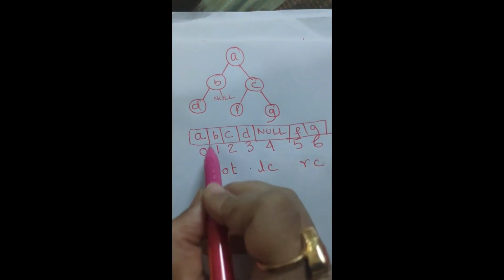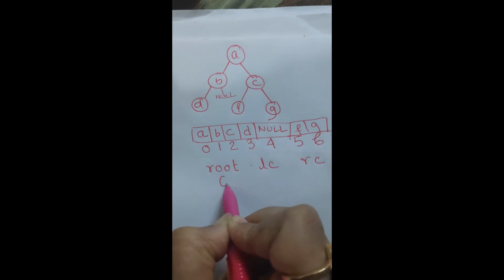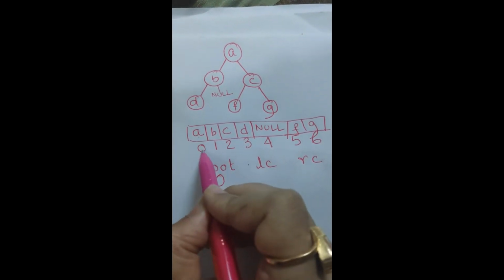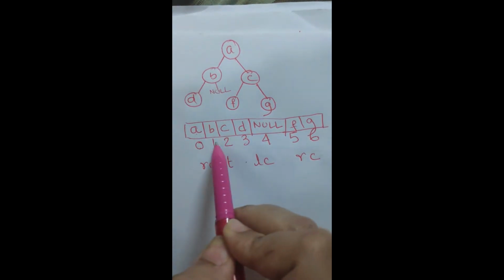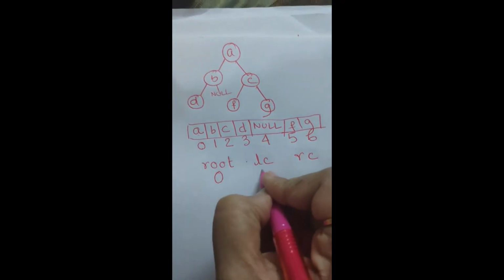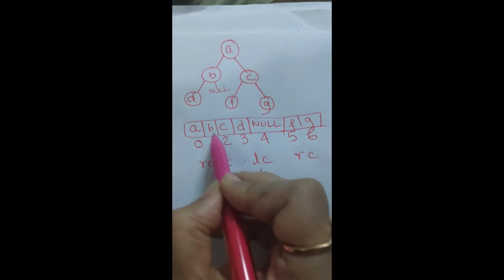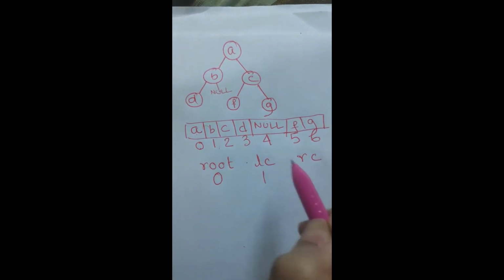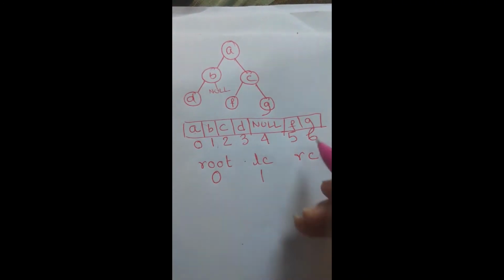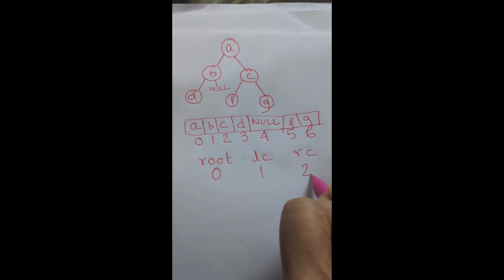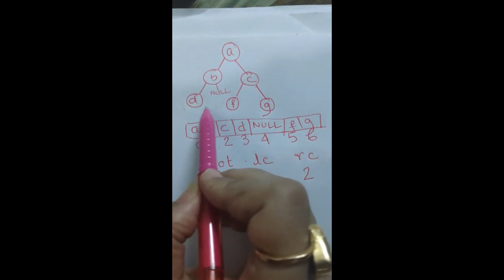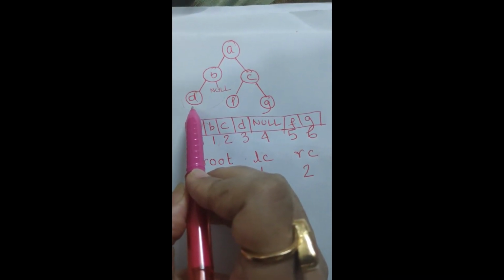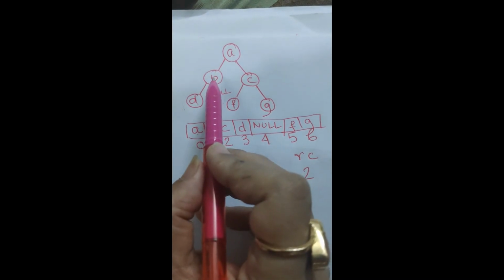Now you see over here the root is at index number 0. When the root is at index number 0, the left child of the root is at index number 1 and the right child has been stored at the index number 2. Now come to this portion. This is the left subtree of A. And which is the root node of this left subtree?